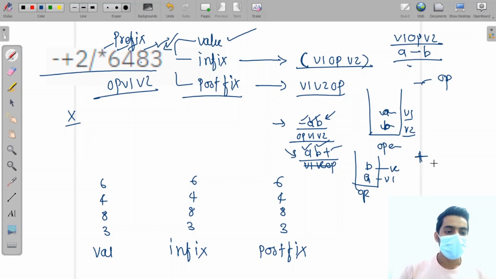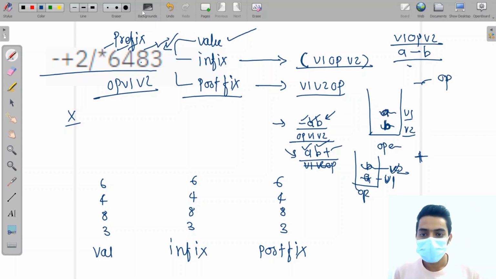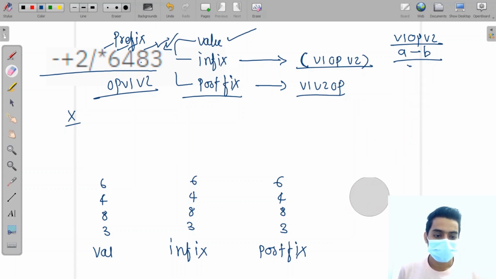When the operator appears, we need to pop the 2 elements. And when we are traversing from right to left, the upper element is value 1 and the lower element is value 2. So we need to solve this expression like this.